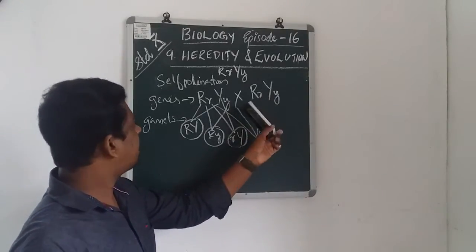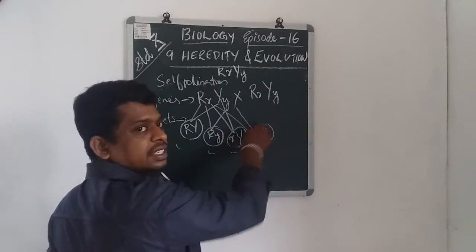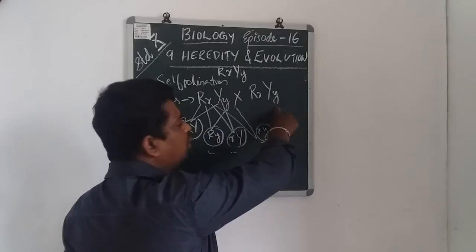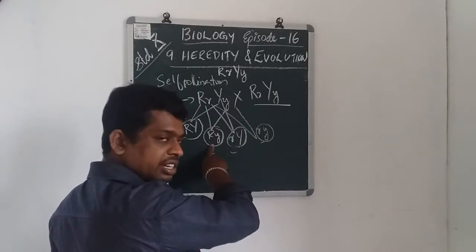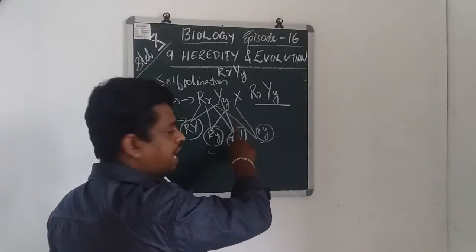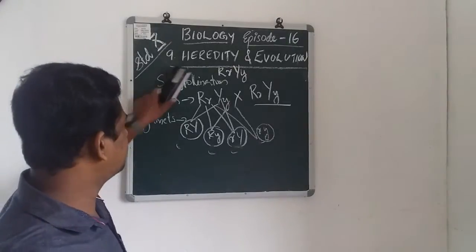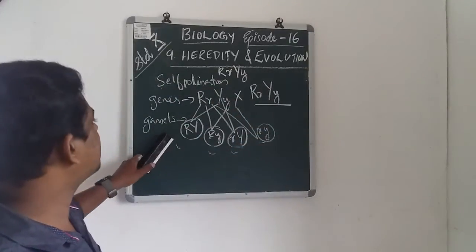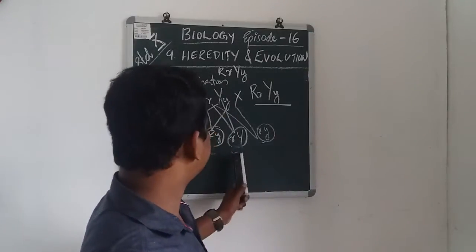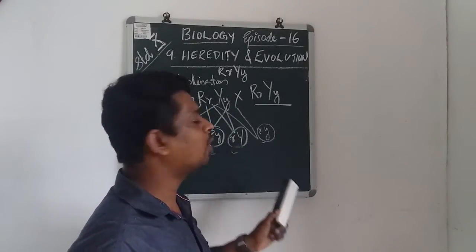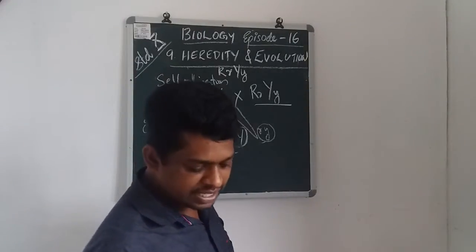And what are the gametes of this one? Same. This is due to the self-pollination. The gametes are capital R capital Y, capital R small y, small r capital Y, and small r small y.